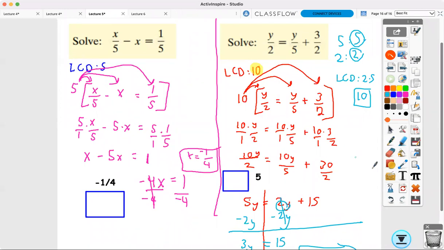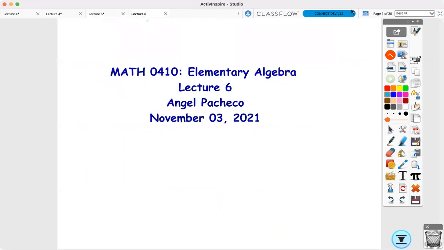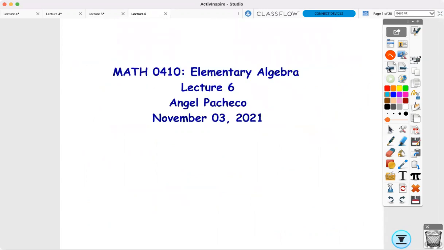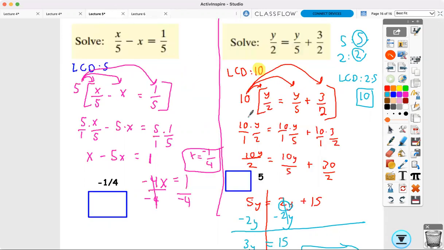Okay. I did want to start on lecture 6 a little bit, but if anything, we'll just do it on Wednesday, guys. Since I am giving you an extension of the homework and the test, I'd rather you guys use the rest of this class time, which is an hour and 45 minutes, to tackle the homework. That way you can have less to do during the week.